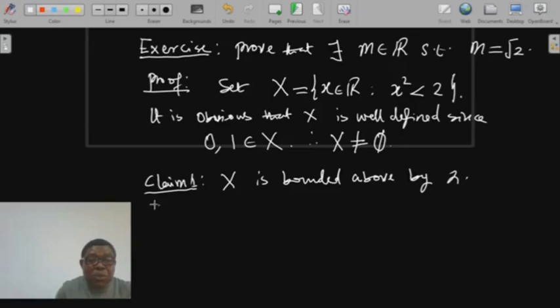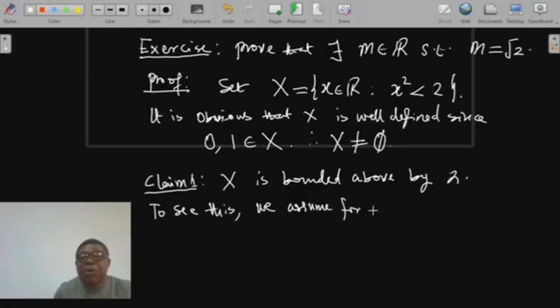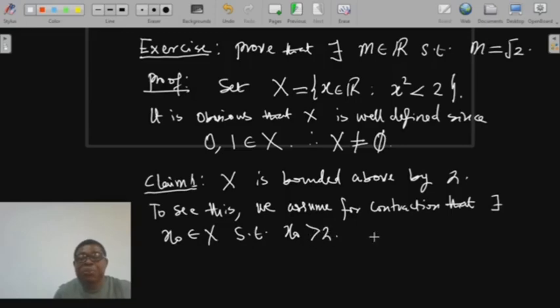To see this, we assume for contradiction that X is not bounded above by 2. That is, there exists x naught in X such that x naught is greater than 2.